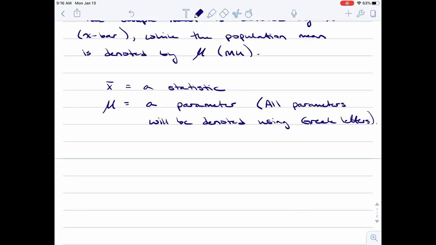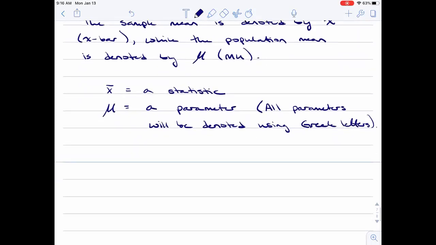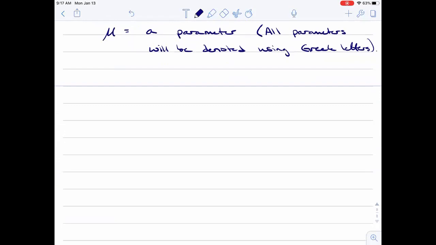So we said X bar, if I am given a set of numbers and I have to find the average, then I would add them all up.